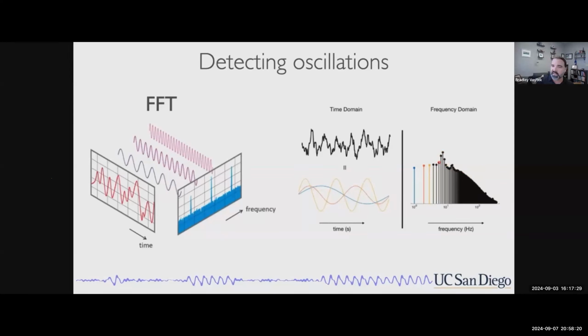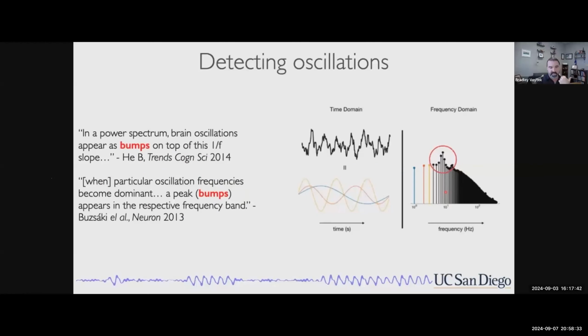And then you have these little regions here where you have order of magnitude or more power in a narrow frequency band around and above whatever that background process is. And it's these things, these bumps in the power spectrum, that we traditionally define as oscillations. So Biyu He talks about this, Gyorgy Buzsaki talks about this.